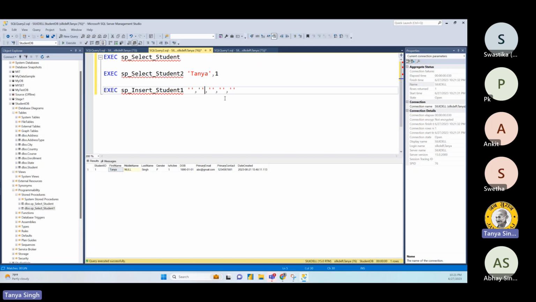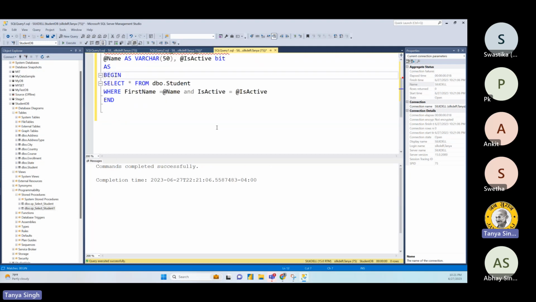So you can create your parameter for name, and usually I've seen the select parameter, insert parameter, update parameter. So you can pass the value, and whatever value you are mapping, if you want to make it dynamic, you can map the parameter. That's all. I mean, there's nothing much to it. We use a stored procedure for the performance. It's faster, and we can use the parameter, so your query can be dynamic, right?